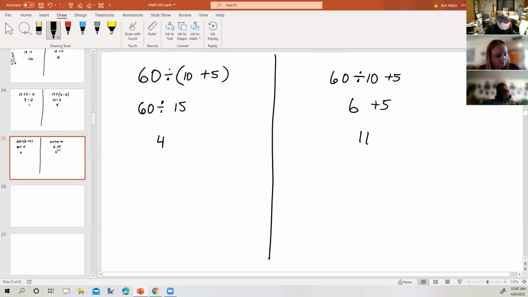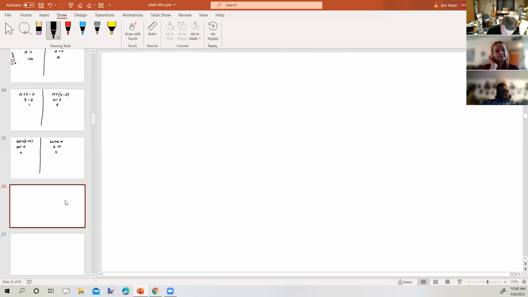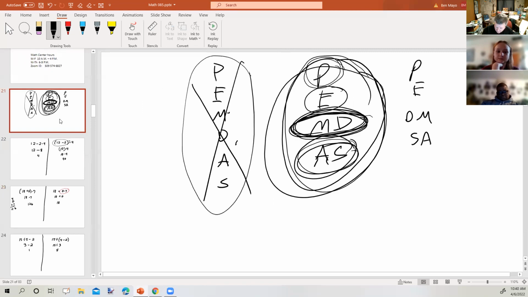Let's see here. Let's take a look at this one. 18 divided by 2 times 3. Now, there's no grouping symbol. There's a division symbol and a multiplication symbol. What's the rule for that? Well, let's go back here.